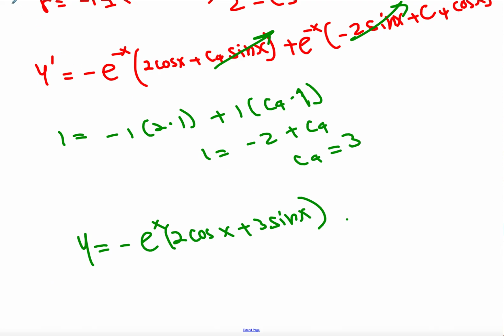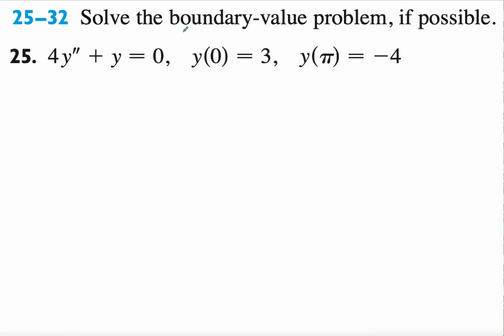Let's go for number 25. In this case, it's the same idea, but it's called a boundary value problem, because the values that were given to us are the boundaries of the interval. Then we get 4r squared plus 1 equal to 0. Then we realize that r must be equal to plus or minus 1 over 2 i.